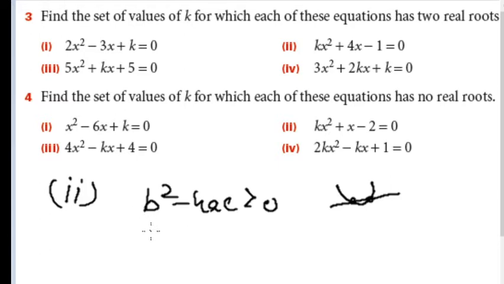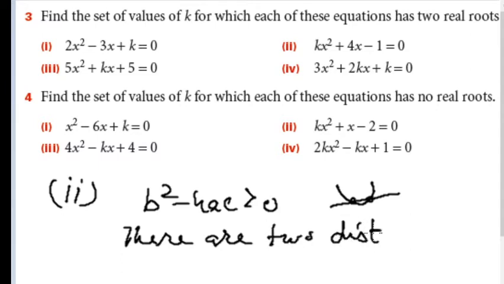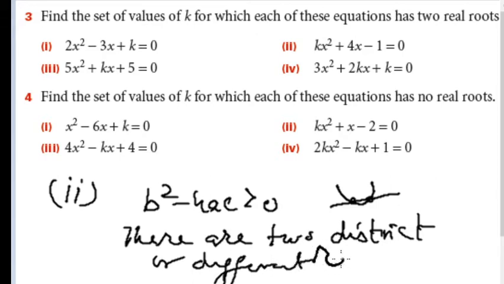So in this case there are two distinct roots, sometimes called different real roots or solutions. Roots or solutions are the same thing.